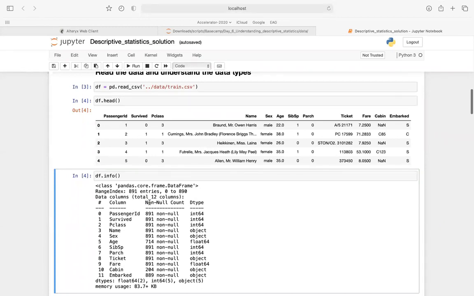And then I have a non-null count. What it is telling me is 891 non-null, 891 non-null. Can somebody tell me what this means? Why am I seeing a difference in numbers here?